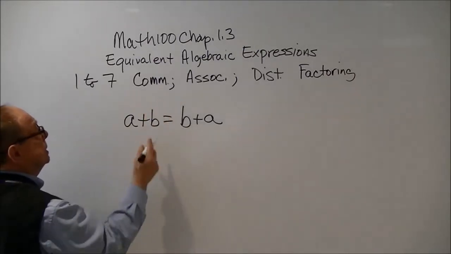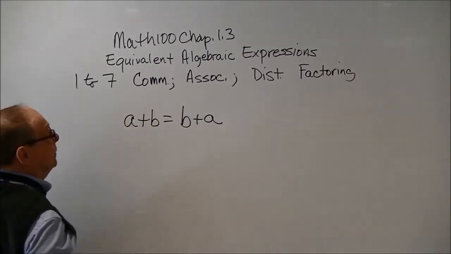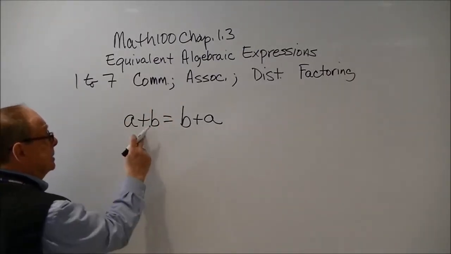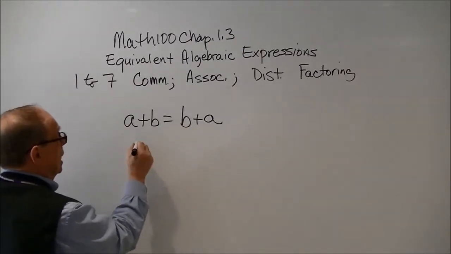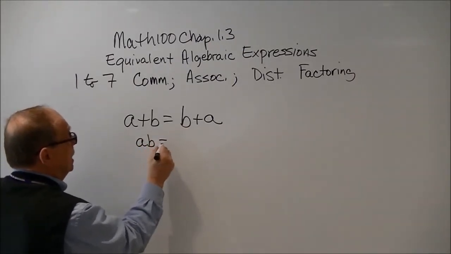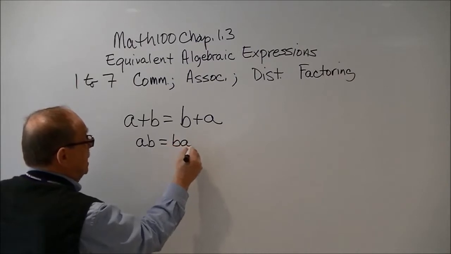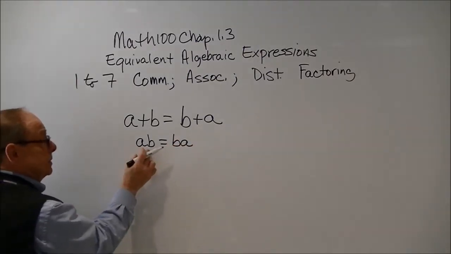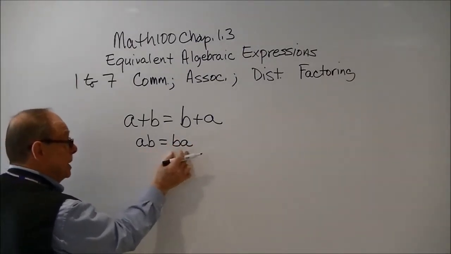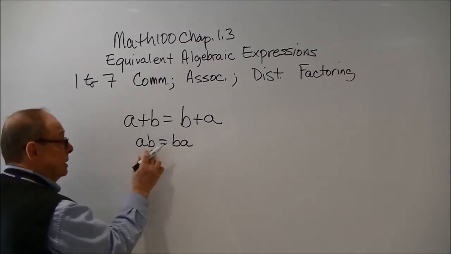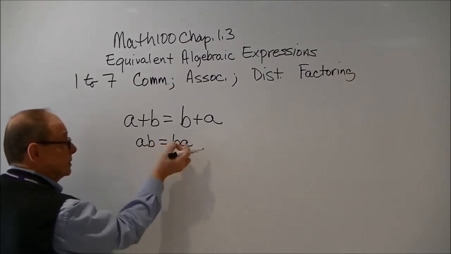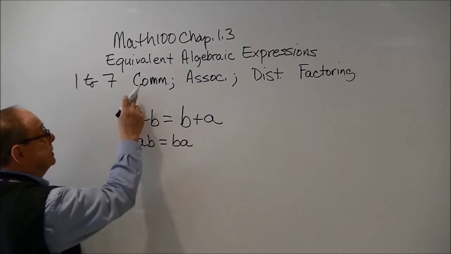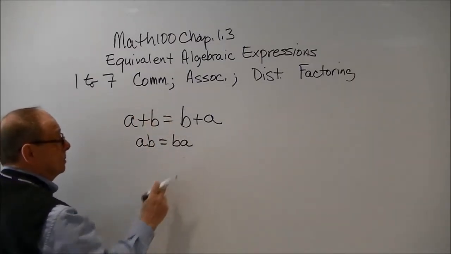This is the commutative law of addition because of the plus signs. Now, if you had AB equals BA, these are factors now, and this is multiplication. But again, the same factors just switched around. This is the commutative law of multiplication.